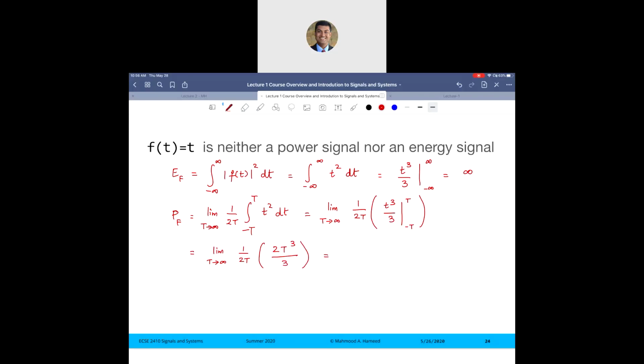When you simplify it a little bit, 2 cancels out, t cancels out, so you get t squared divided by 3. And you apply the limit now, you get infinity. So based on that, you can say energy is infinite, so it's not an energy signal, and power is infinite, so it's not a power signal as well.